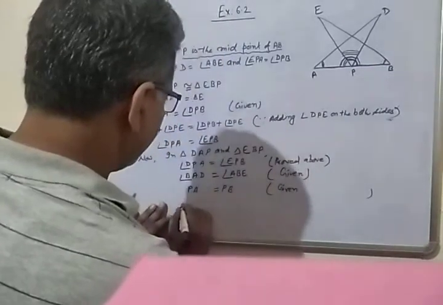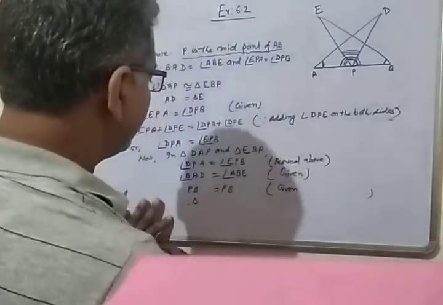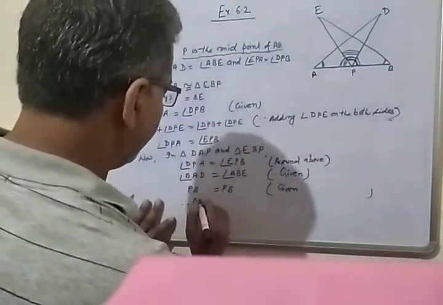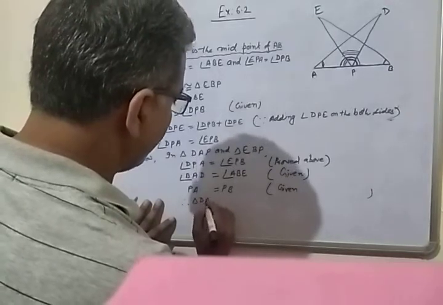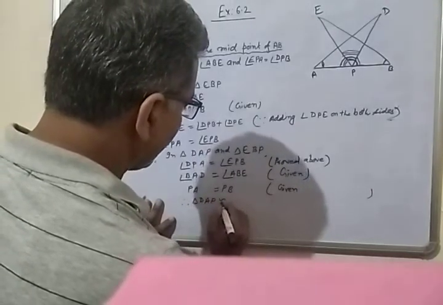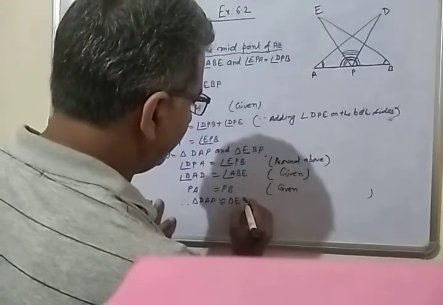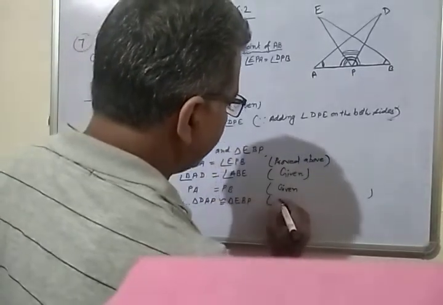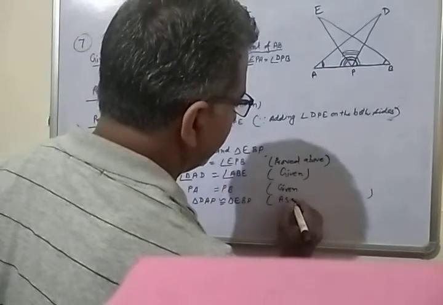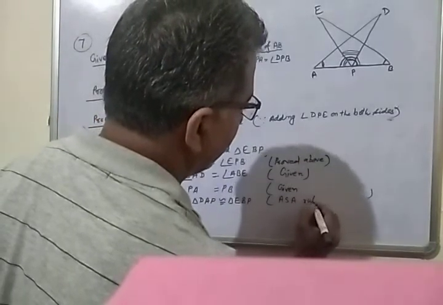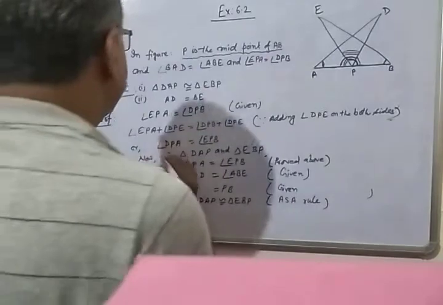So the triangles are congruent. Triangle DAP is congruent to triangle EBP by angle side angle rule. First part is proved.